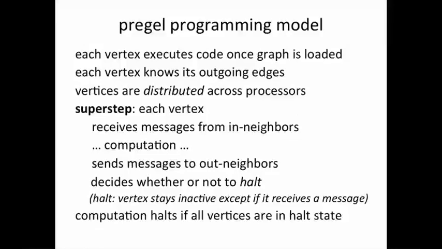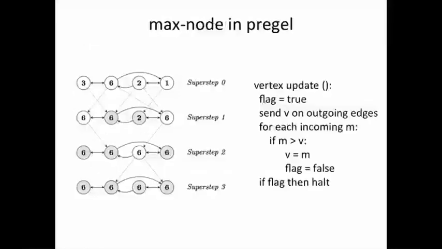So let's do a couple more examples using the Pregel programming model to solve a few important problems. A simple one is called max node. Essentially, given values across all the vertices, we would like to find the maximum of these and make sure that every vertex at the end has the maximum value across all the vertices in the graph. So this is the simple program.